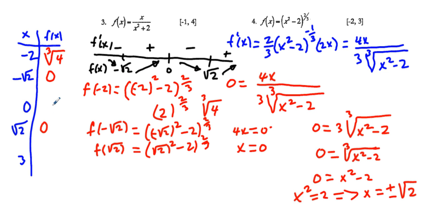Now to plug in 0, f of 0. Well, if we plug in 0, 4 times 0 is 0. Oh, we got to go to the original equation. Here we go. Something's messed up. Okay, we're going to have negative 2 to the 2/3 equals negative 2.